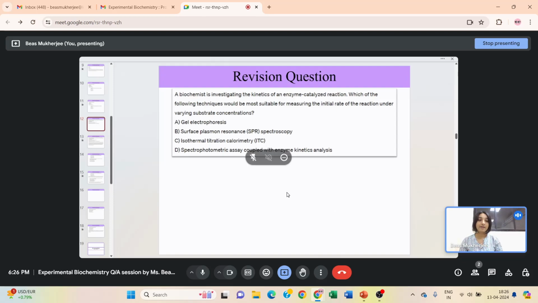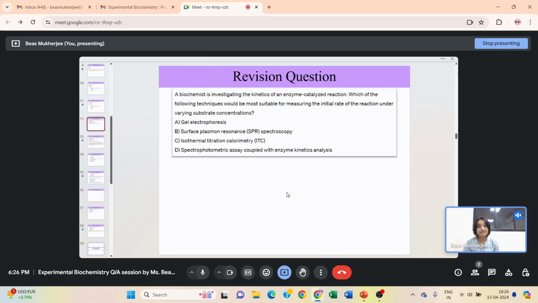Yes, so we'll carry on with the questions. See, this is another question on your biophysical techniques. Okay, so a biochemist is investigating the kinetics of an enzyme catalyzed reaction. So which of the following techniques would be most suitable for measuring the initial rate of the reaction under varying substrate concentration?